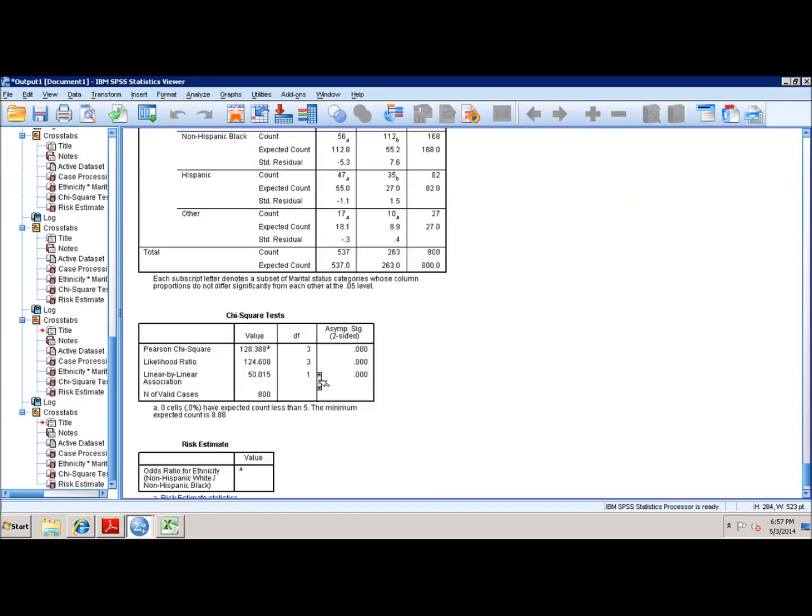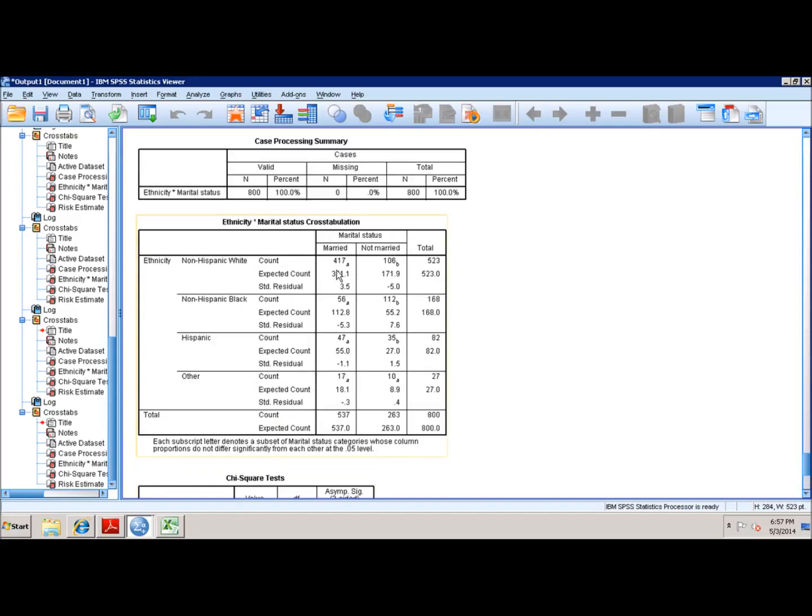And we see here an output here. Now, one thing I want you to look at is the order of this table. So remember that the option in SPSS said compare column proportions. So what this is doing for each row is it's comparing the proportion of married to not married.